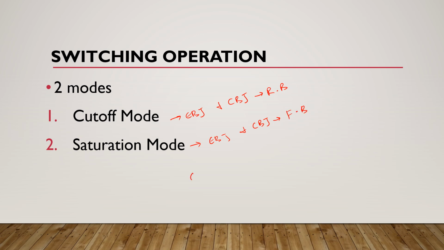For switching from cutoff to saturation mode, transistor should come in active mode first. When transistor acts as a switch, it is off in cutoff mode, whereas it is on in saturation mode.